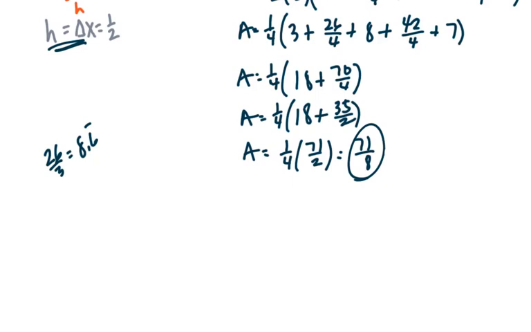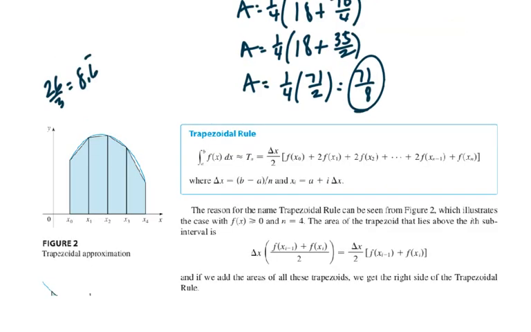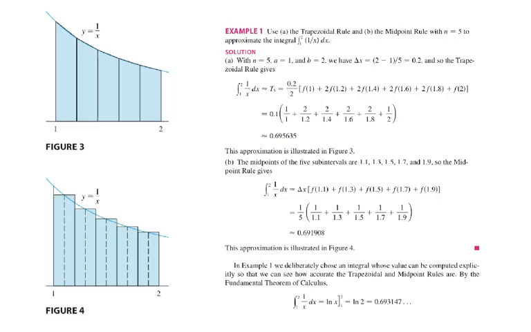Now your book has a very technical definition. So here you can see the trapezoid rule, and you can see how it's not just the midpoints, it follows the curve more closely. So it is a better approximation. You can feel free to pause and read and follow through. You can see here that they're using the trapezoid rule and the midpoint rule to approximate the integral of 1/x dx.